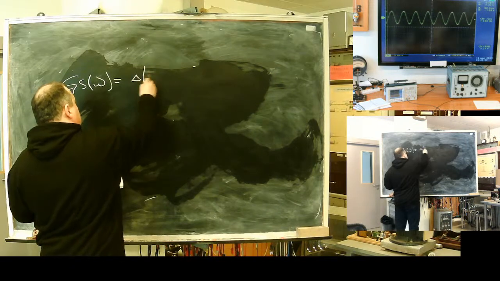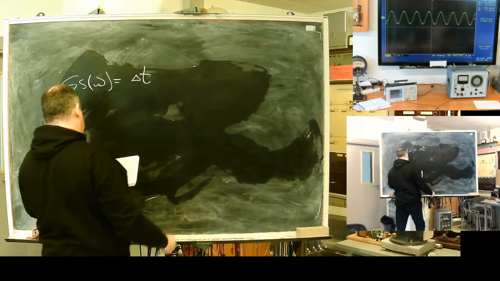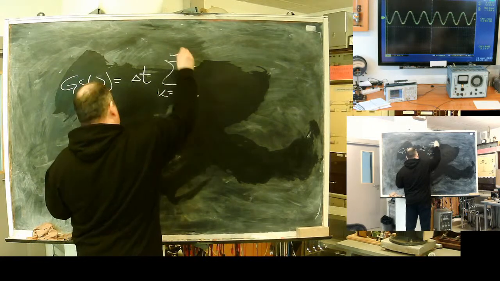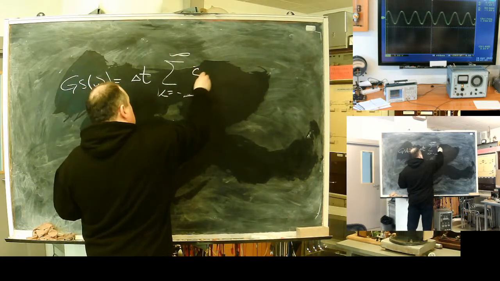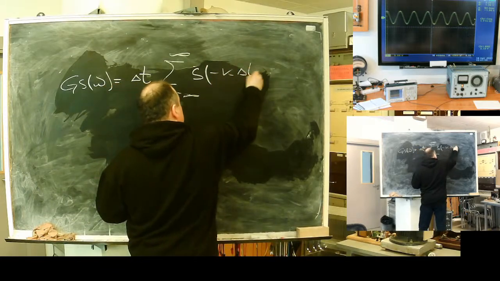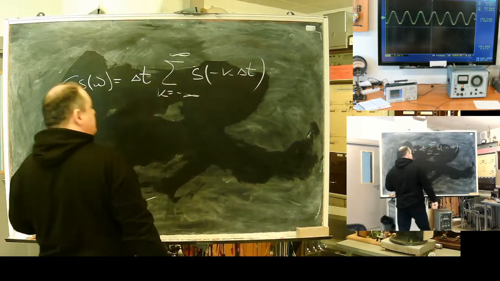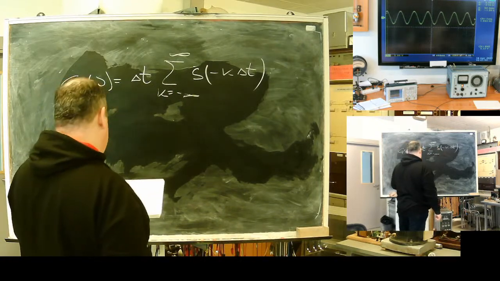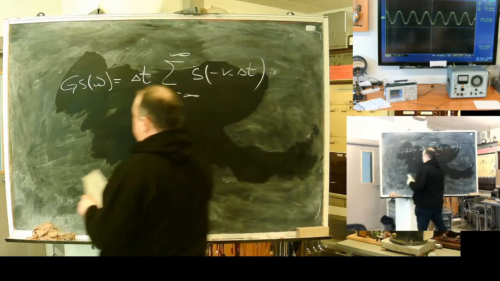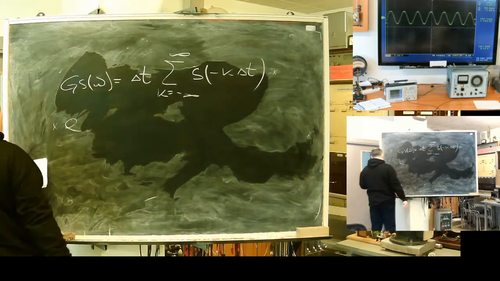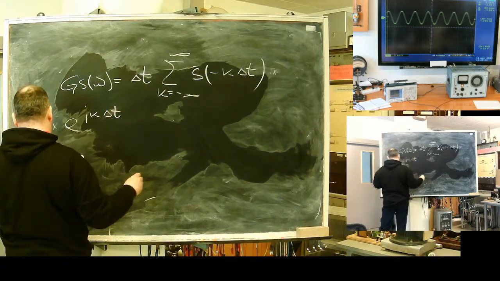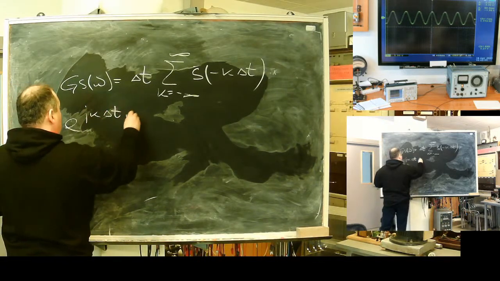I will have the sampling interval, sum from minus infinity to infinity, signal, now in a discrete form, signal sampled, multiplied by e power j delta t omega.